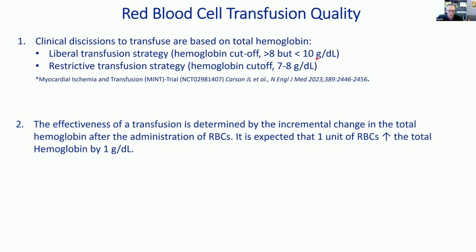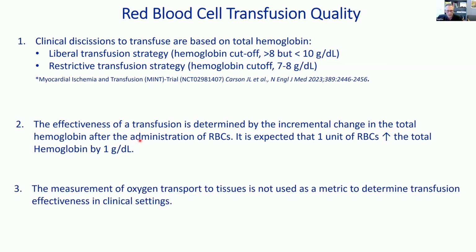So to get this person back up to a normal hemoglobin of, say, 12 to 15, you'd need multiple units, and hopefully you could get that up by 1 gram per deciliter. However, typically the incremental change is not the same as the expected, which would require then additional transfusions.